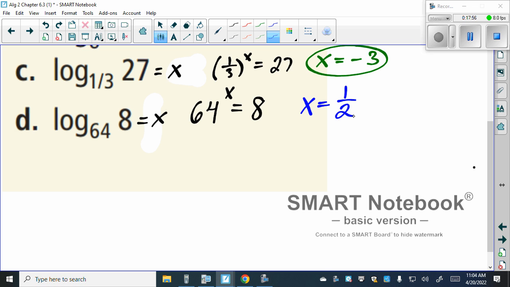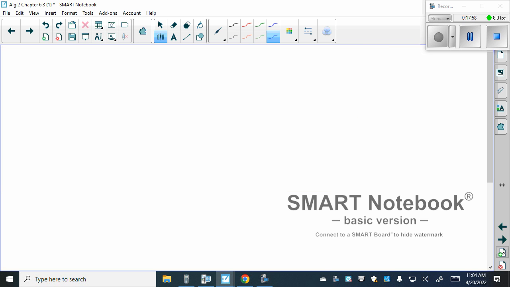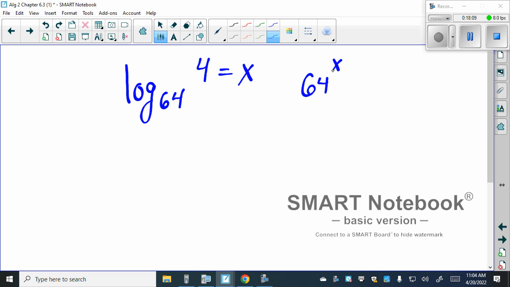Questions on this here? I'm going to throw one more in. Let's say log base 64 of 4. Well, this would be 64 to the x is equal to 4. I can tell you at this point it's not going to be 1/2. 4 times itself, how many times is 64?